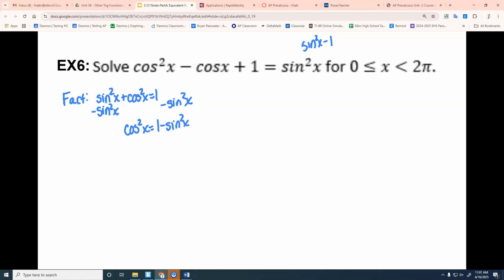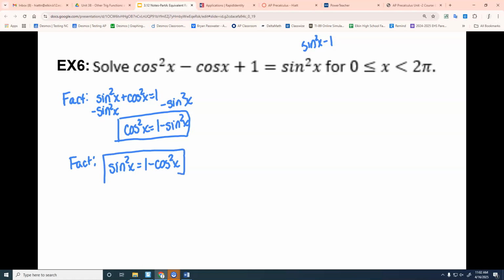It's not quite the same as sine squared x minus 1. So you would have to multiply through by a negative that way. What I would do instead is, it is a fact that cosine squared x equals 1 minus sine squared x. It is also a fact, by similar reasoning, that sine squared x equals 1 minus cosine squared x.